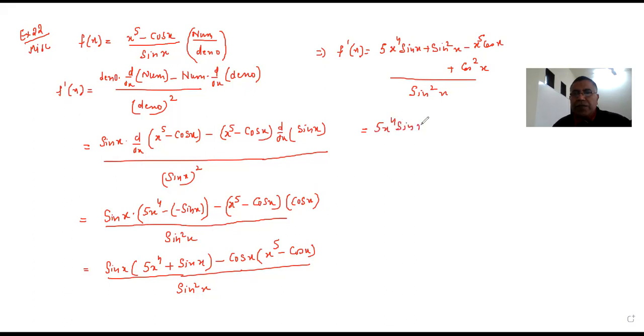Which is equal to 5x^4 sin x minus x^5 cos x plus sin square x plus cos square x. I have regrouped the terms upon sin square x.